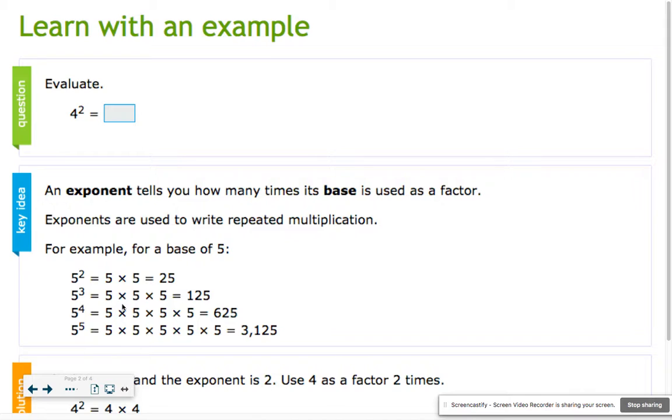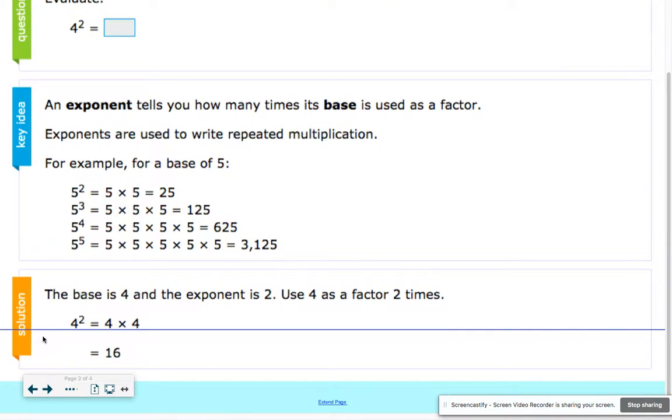So 5 times 5 is 25, times another 5 is 125. So that's how we're going to be solving these. 5 to the fourth power is 625. And 5 to the fifth power is 3,125.